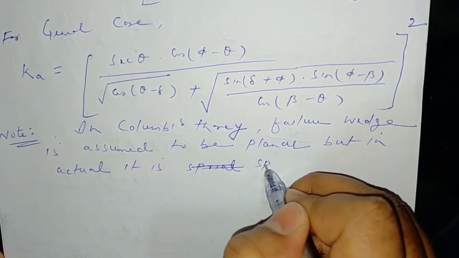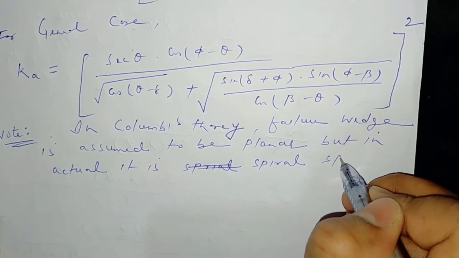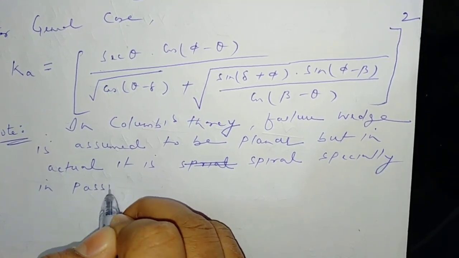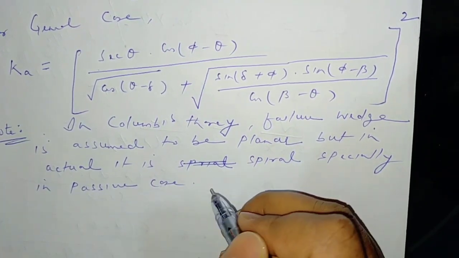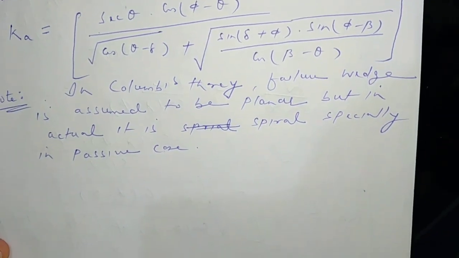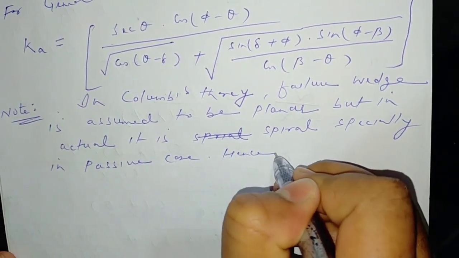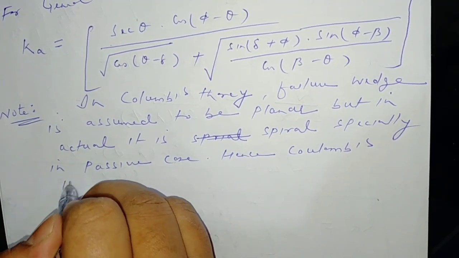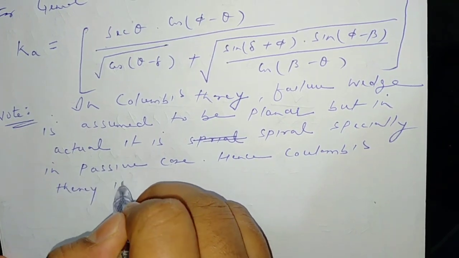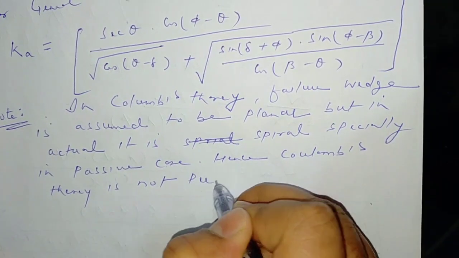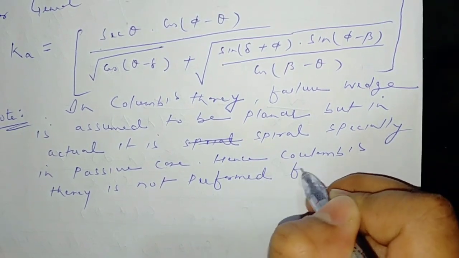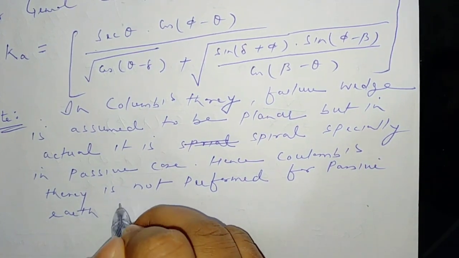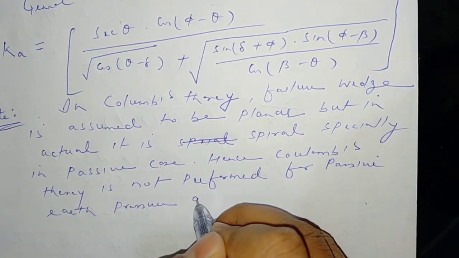It is spiral, especially in passive case. Hence, Coulomb's theory is not performed for passive earth pressure analysis.